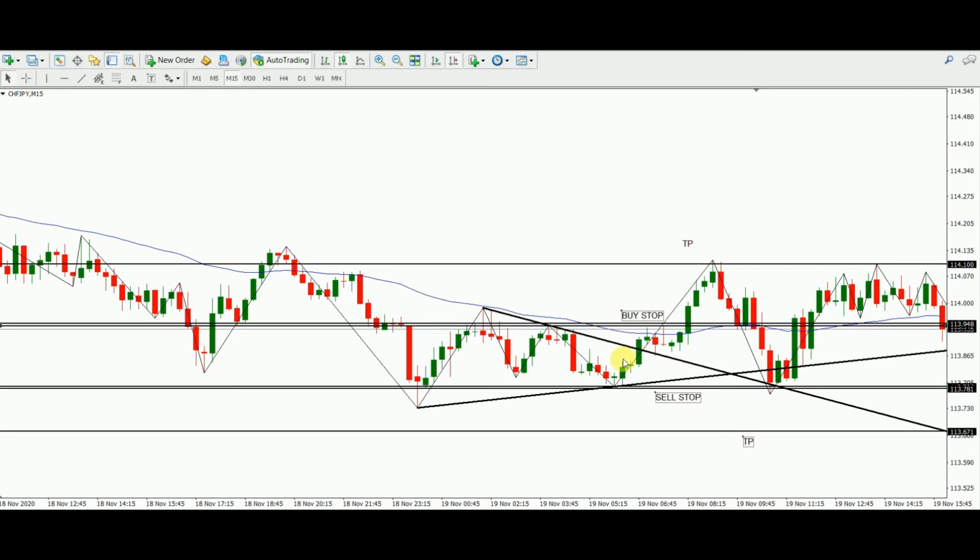Now there is some other strategy here, guys, which seasoned traders are doing, and what I usually do also for buy stop and sell stop. Once either of these gets filled up or hit, for example, my buy stop was hit, I will close my sell stop.